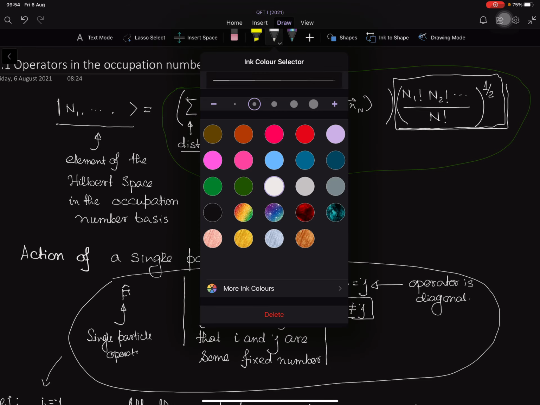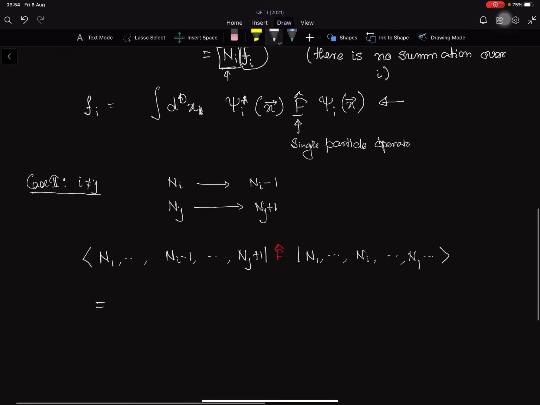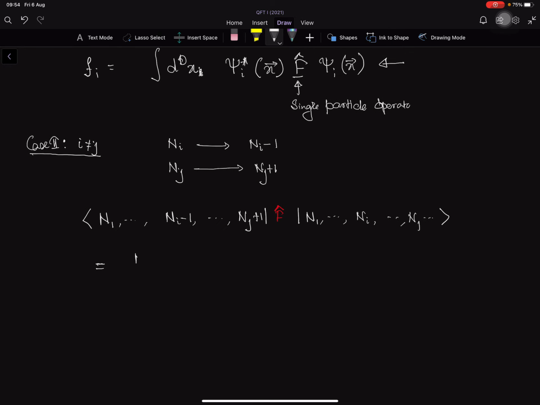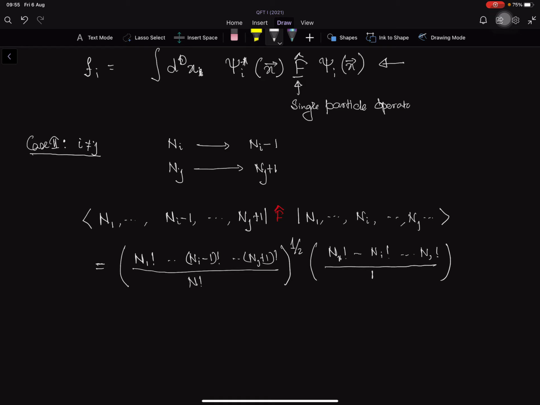From this normalization factor we get n1 factorial ... (ni minus 1) factorial ... (nj plus 1) factorial by n factorial, to the power half, and then n1 factorial ... ni factorial ... nj factorial by n factorial.